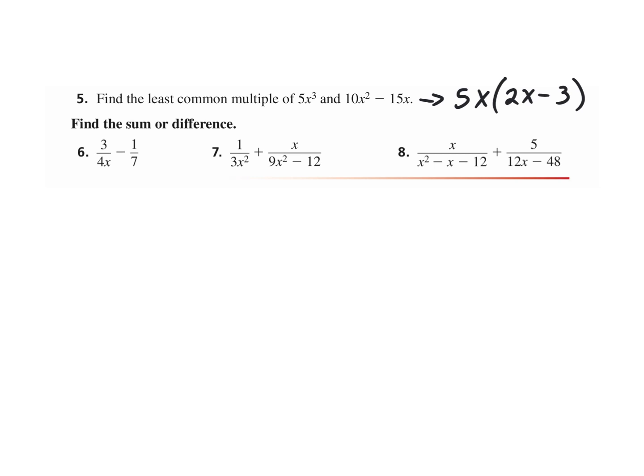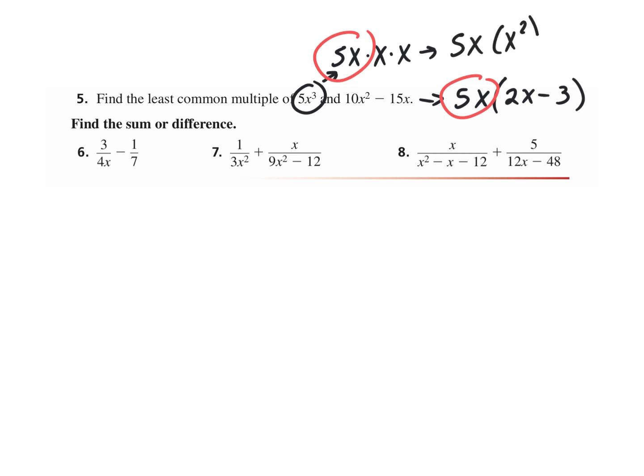And here, if you think about it, this is 5 times x times x times x, because we have 3 x's. So our actual least common factor is 5x, because that's what we have common for both of them. You can actually factor this one out if you want as 5x times x squared, if you did not see that it was 5x times x times x. So our least common factor for this one is 5x.